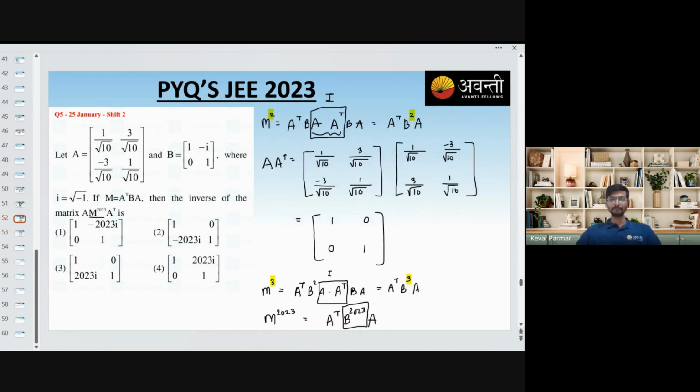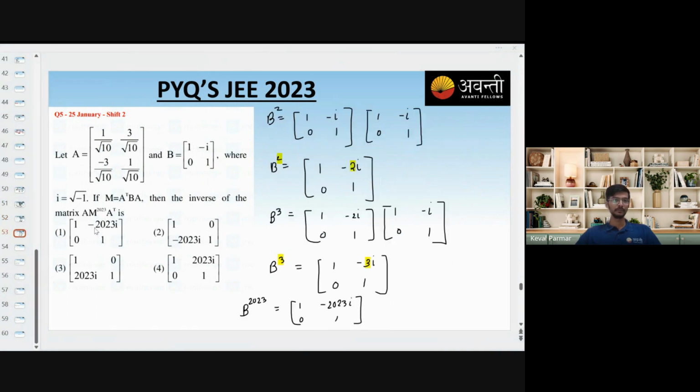Right? And we have to find the value of this, which is A M 2023 A transpose. What is M, guys?